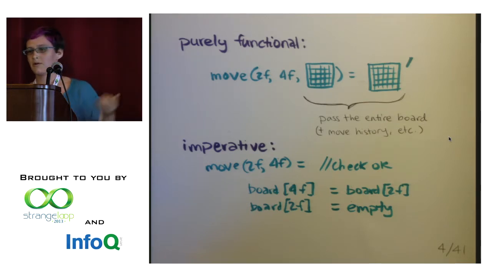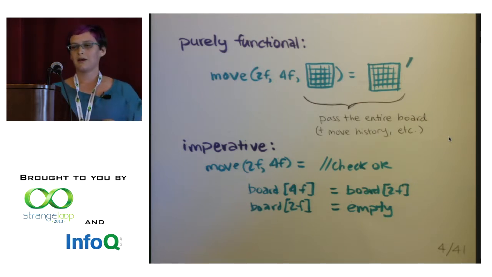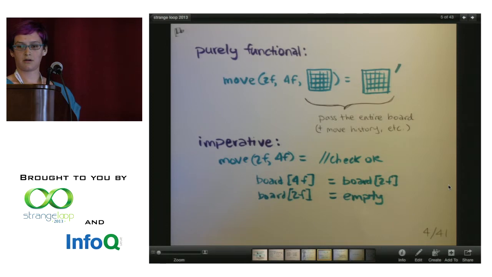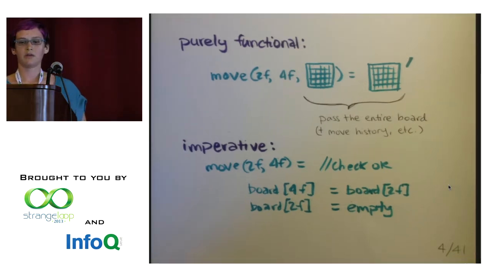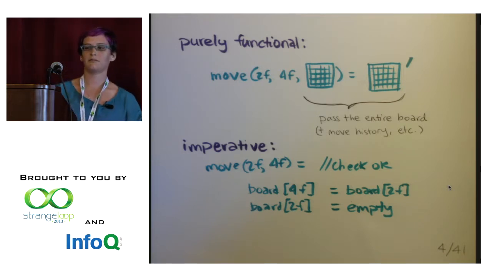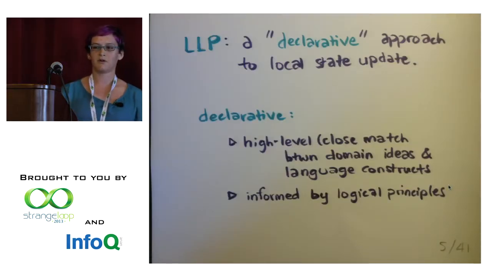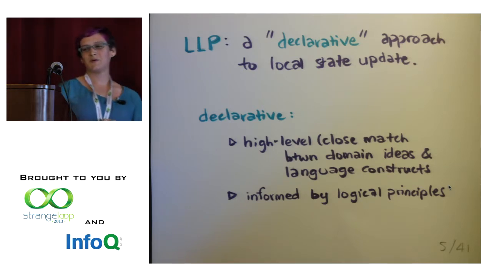Of course, there are ways to improve on this, but this is the naive way of doing it. In the imperative setting, we can do a direct in-place replacement of some state with some other state, which is the notion of locally stateful computation that I'm describing. But what linear logic programming gives us is a declarative approach to that. And declarative is an awfully fuzzy word, so let me try to be more precise about what I mean.